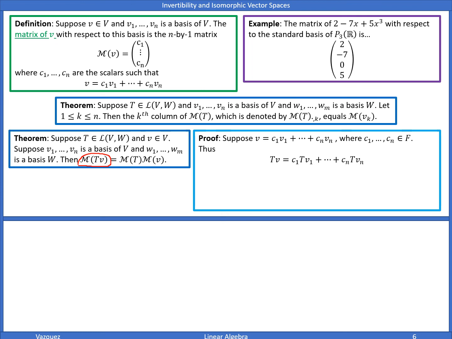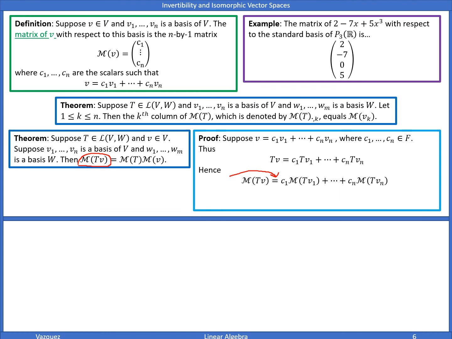Well, then Tv is equal to c1 times Tv1 plus so on and so forth. Well, therefore, the matrix of Tv is equal to c1 times the matrix of Tv1 and so on. I should say though, this first equality comes from where?